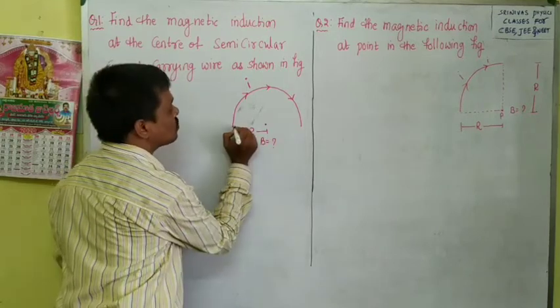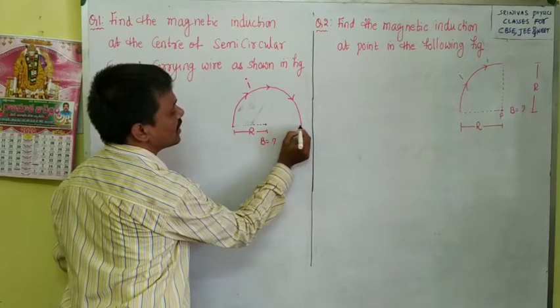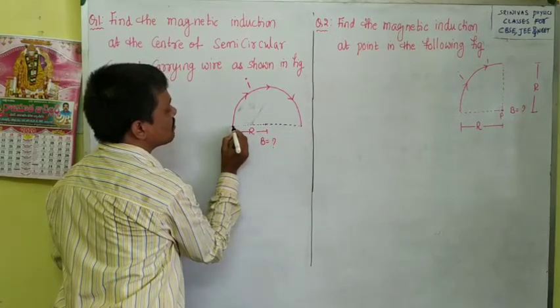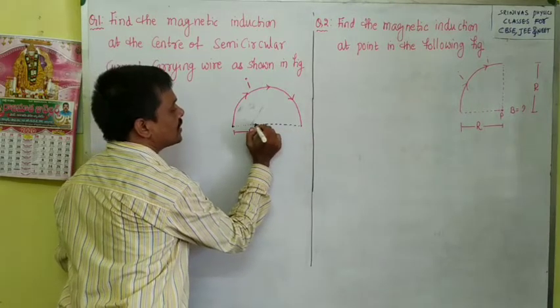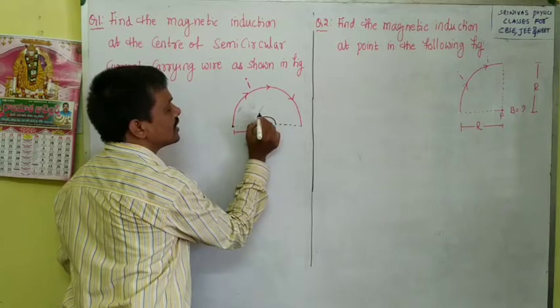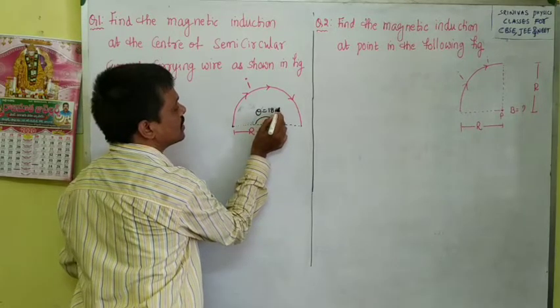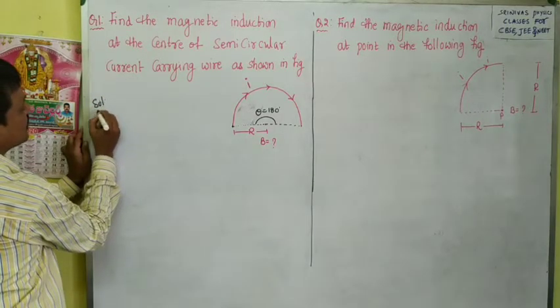For that we have to join the points at the ends to the center. Both ends of the wire should be joined to the center. Then this will make some angle at the center, that is theta. Here theta is 180 degrees, right?